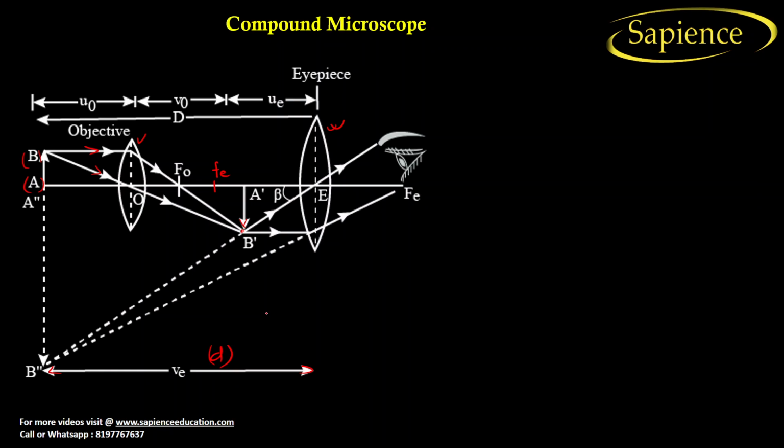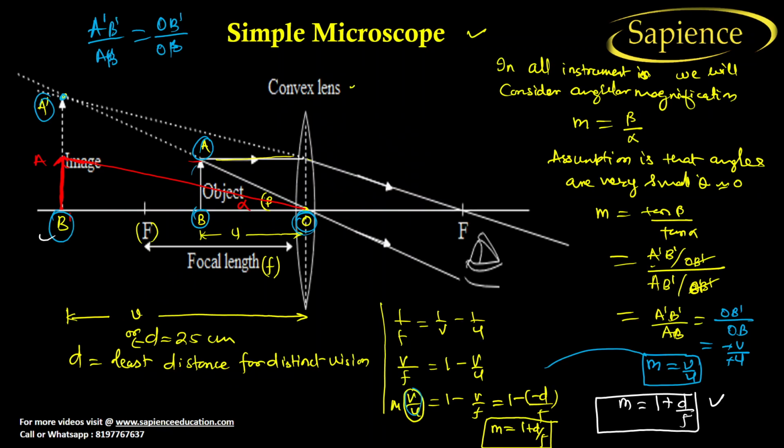Now since we have already done this equation, when an object is placed between the focal length and the lens, its image is virtual and erect, and we can derive m is equal to 1 plus d by f.